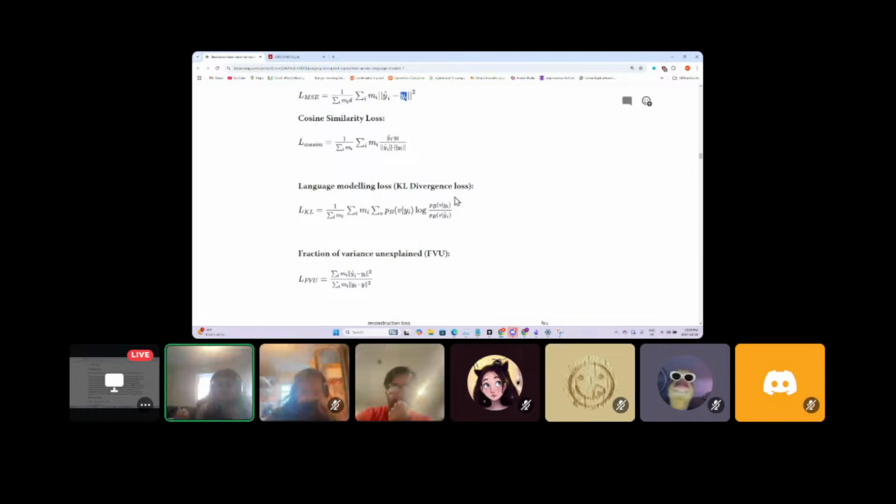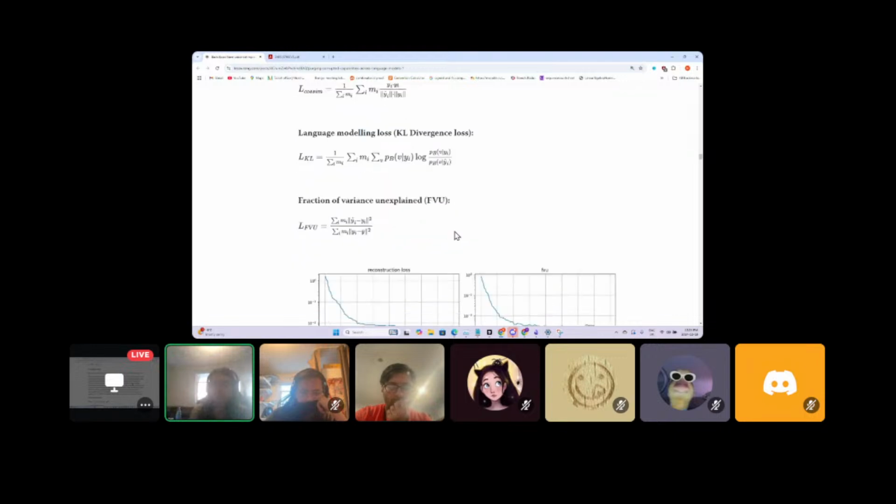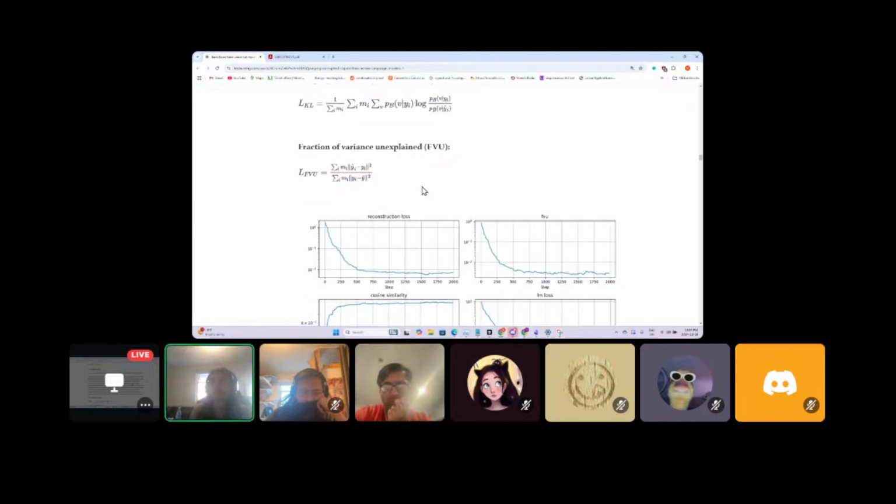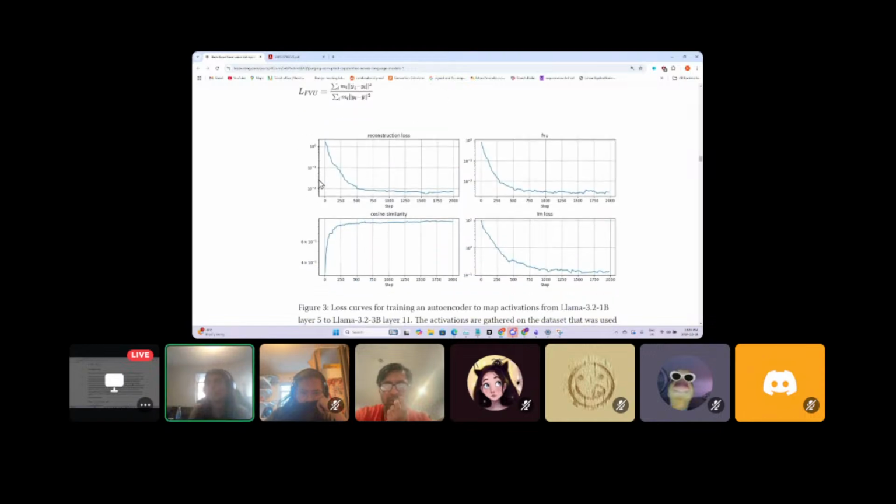And also language modeling loss. If we take our autoencoder prediction and replace the target activations for each token with what the autoencoder predicts, then that also needs to be low if the autoencoder really learns the true signal. And the fraction of variance unexplained too, whether it's explaining most of the variance.